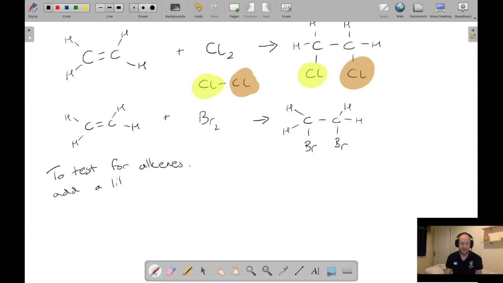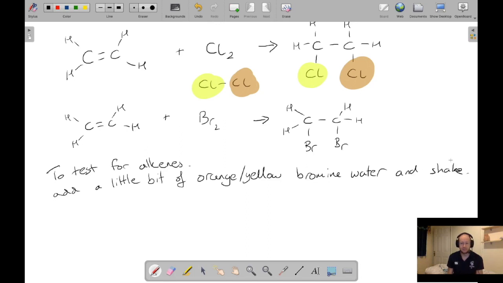Add a little bit of orange-yellow bromine water and shake. If it goes colorless, it is an alkene.